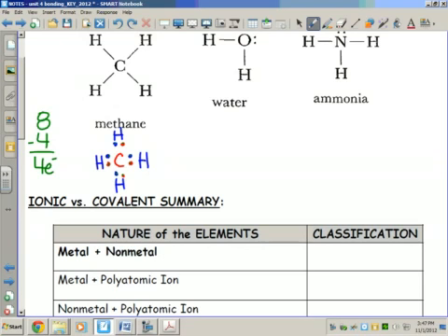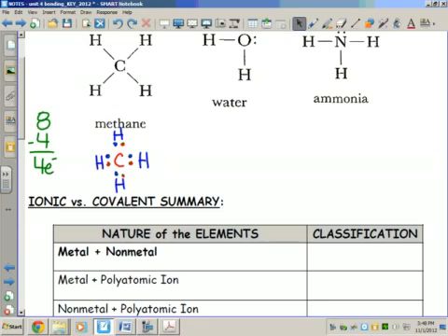Hydrogen only needed 1 more electron in order to complete a full valence shell and have a duet instead of an octet. And you can see each hydrogen has at least partial ownership of 2 valence electrons. So both carbon and all 4 hydrogens are able to attain a full octet, a full valence shell, by sharing their valence electrons.